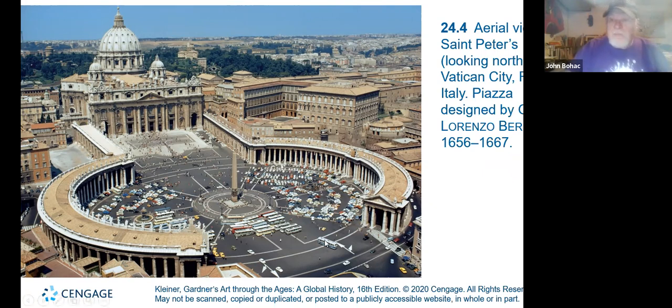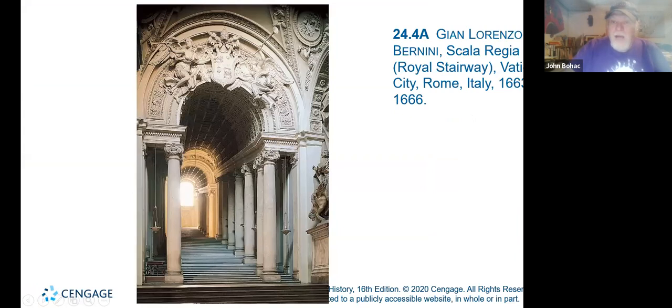And so this is the plaza, the piazza, if you will, in front of St. Peter's. And so there's the obelisk, dead center. Bernini, royal stairway.